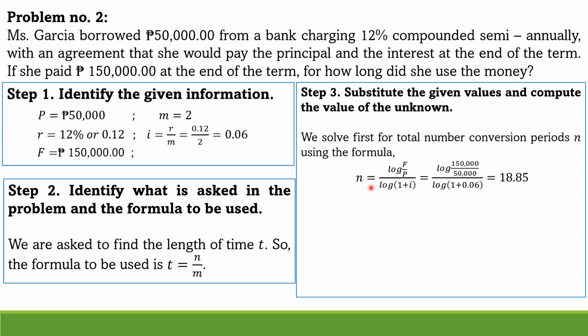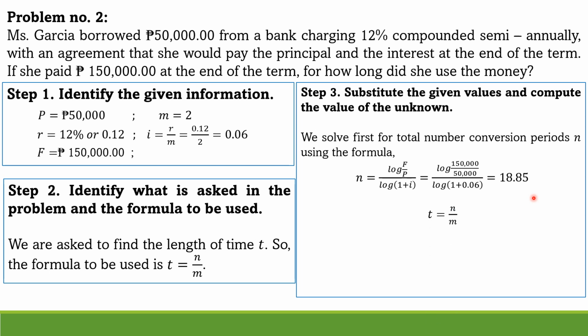Solve muna natin yung N, and that is equal to logarithm of F divided by P, over logarithm of 1 plus I. Yung final amount natin is 150,000, yung present value natin is 50,000, and yung I is 0.06. So, ang N natin is 18.85.